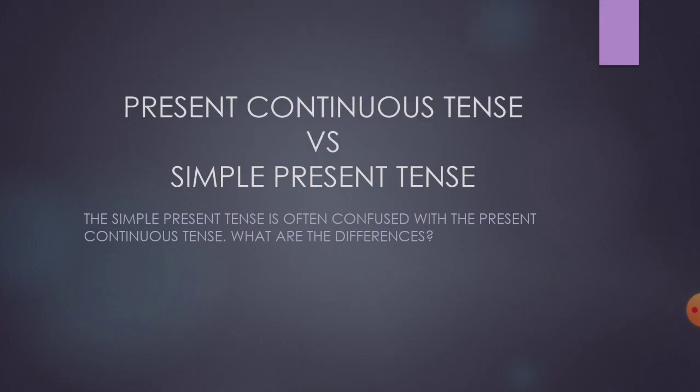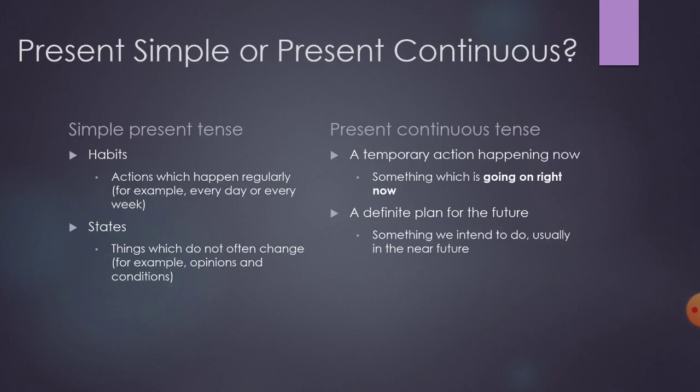Next, we take a look at the present continuous tense versus the simple present tense, which most students often confuse. So we take a look at what the differences actually are.